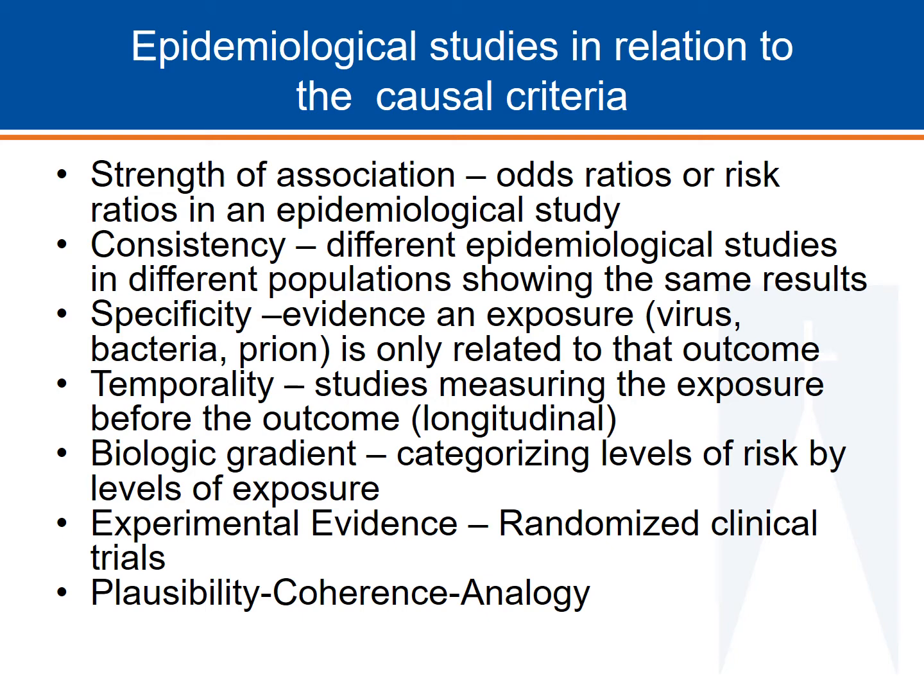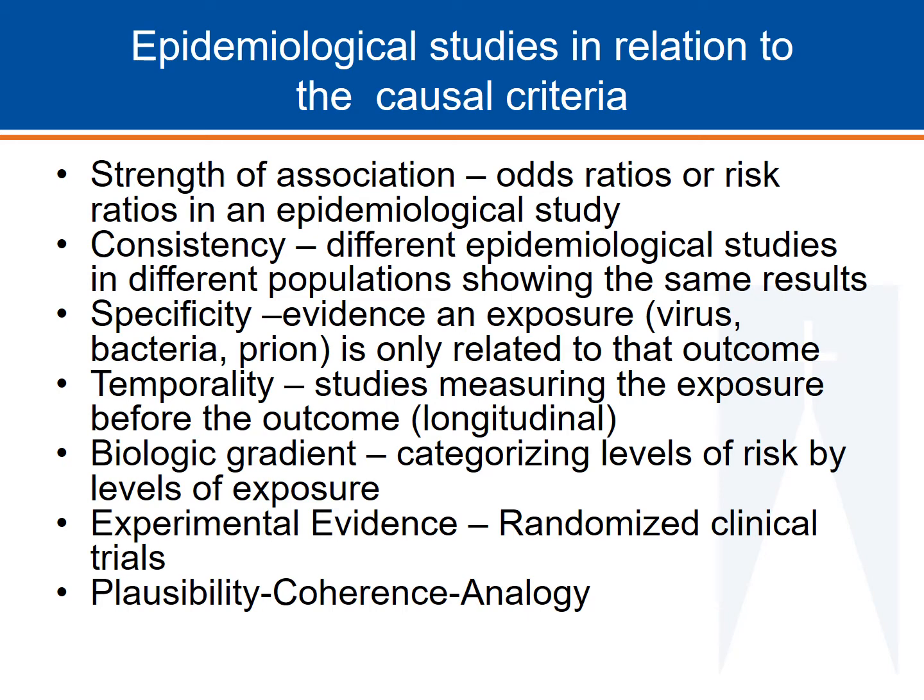Temporality is a criteria that has to do with our study designs. So when the exposure was measured in relation to the outcome. In particular, we talk about a time relationship, and whether or not the exposure was measured before the outcome has to do with whether or not it was a longitudinal study design or a study design that was carried out over time.